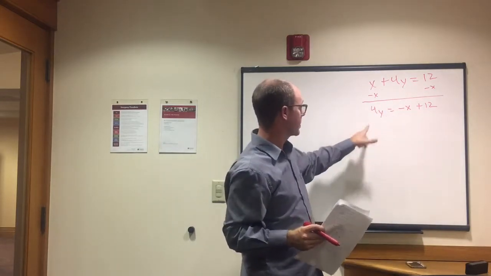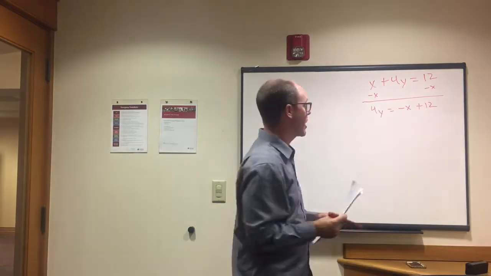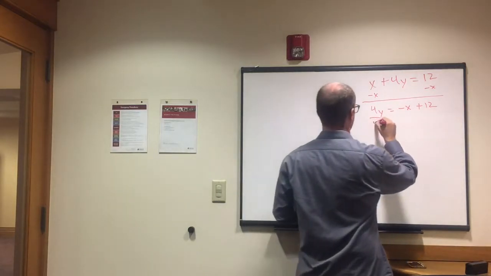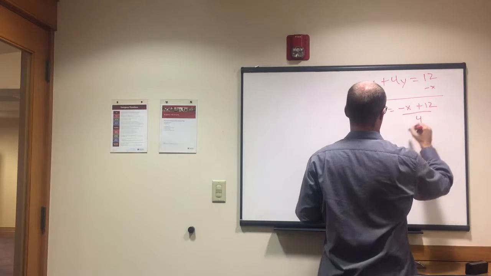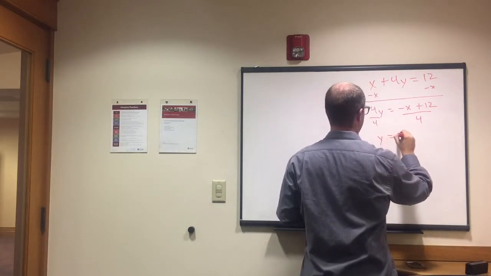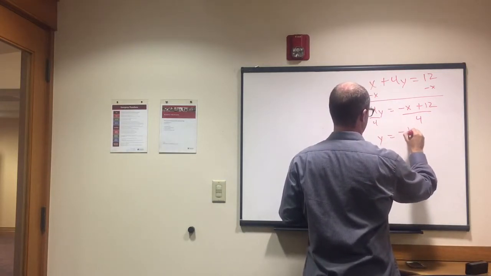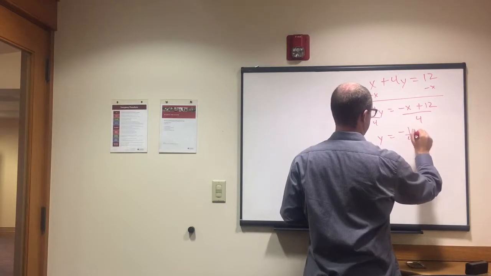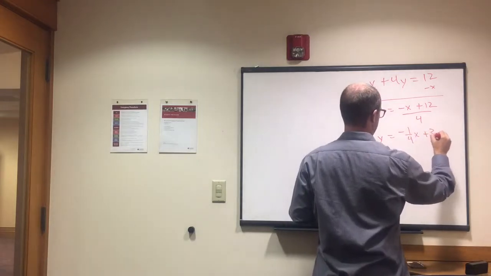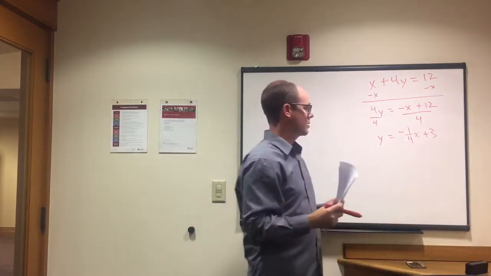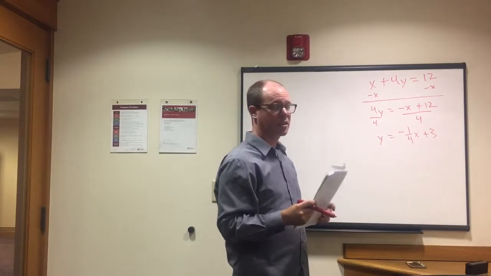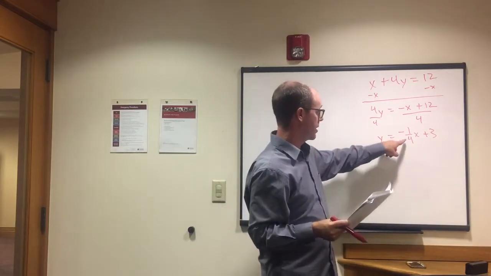Okay, but we haven't solved it yet because we still have this 4, right? We need to divide by 4, y equals negative 1/4 x plus 3. Okay, there, now we have it written correctly, right?